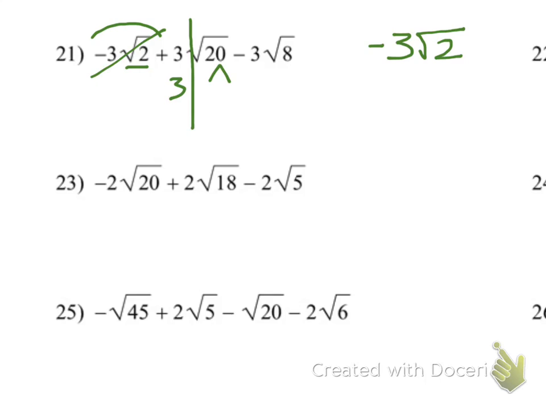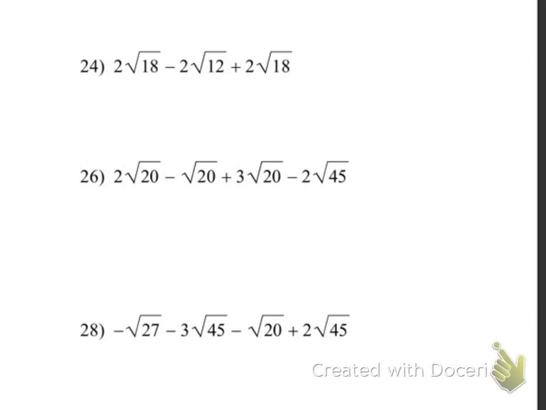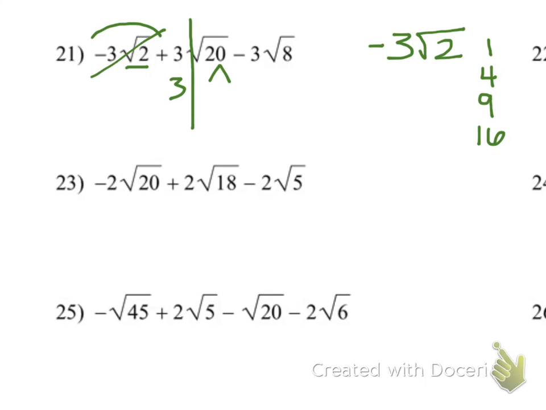The perfect square factors: 1, 4, 9, 16. And if you're wondering where they're coming from, I'm asking myself, what was 1 squared? What was 2 squared? What is 3 squared? What is 4 squared?